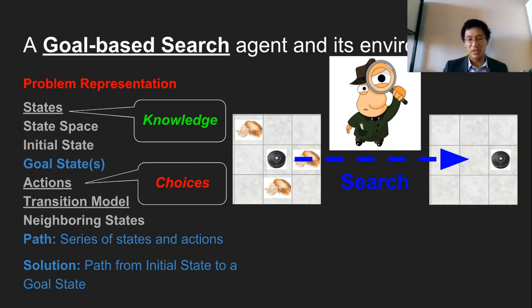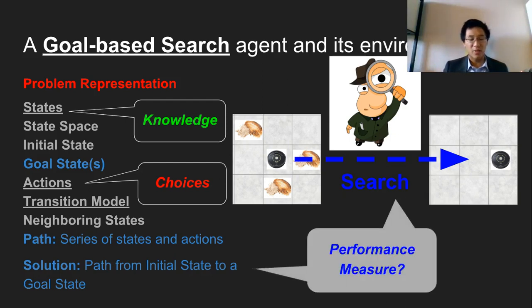We're going to go into more depth about how we define those performance measures and how we actually conduct the search to meet those performance measures in the future. But for now, we're going to practice a little bit with some of the problem representation part and applying that framework of states, actions, transition model to a few examples.